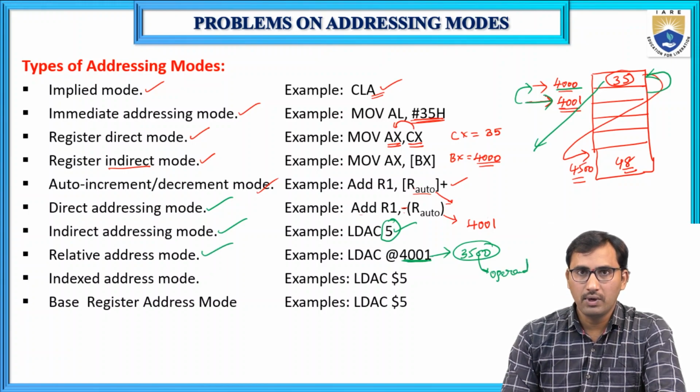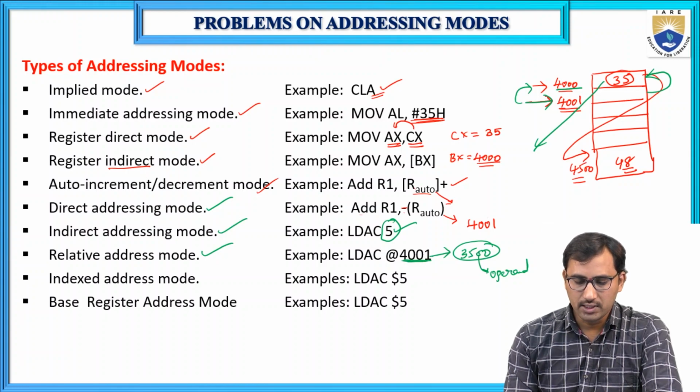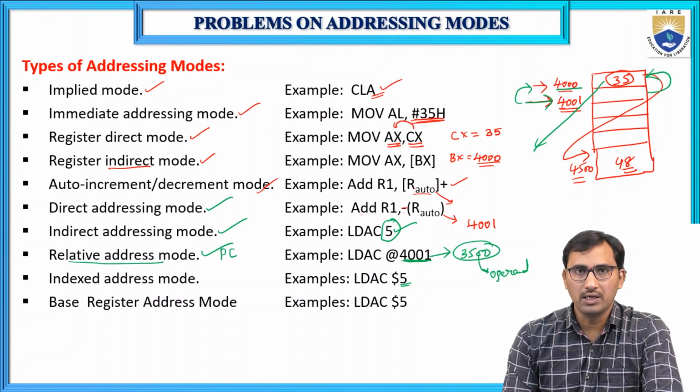Next, relative addressing mode. In relative addressing mode, the address of the operand is calculated by adding the contents of the program counter with the address specified in the instruction. So in this relative addressing mode, we are using the program counter as one of the registers.